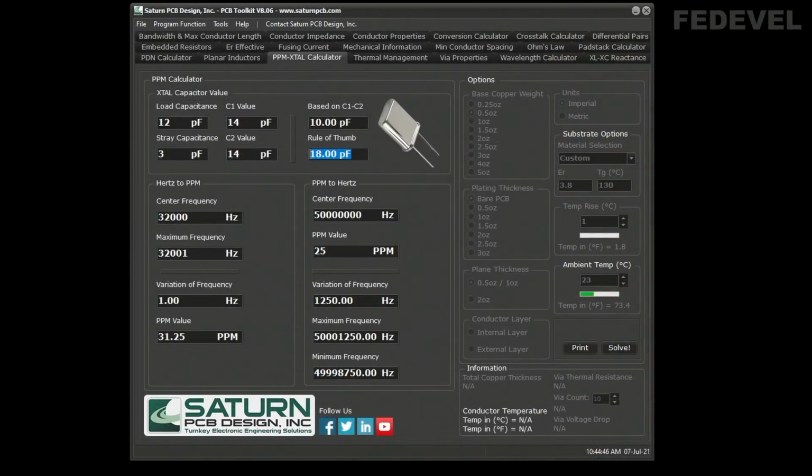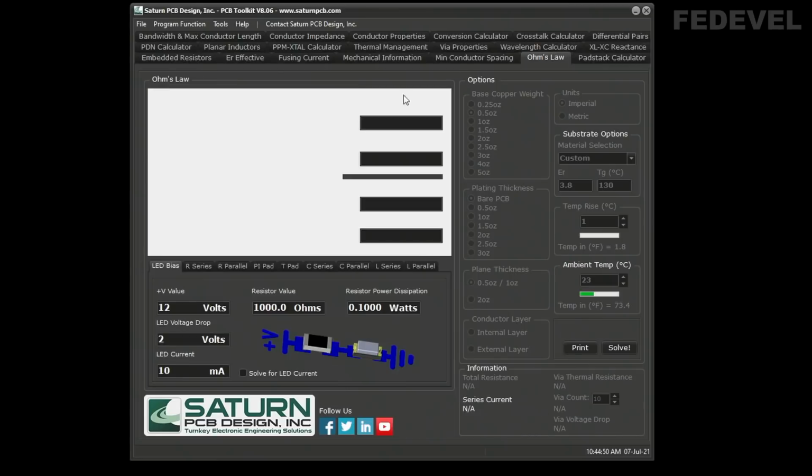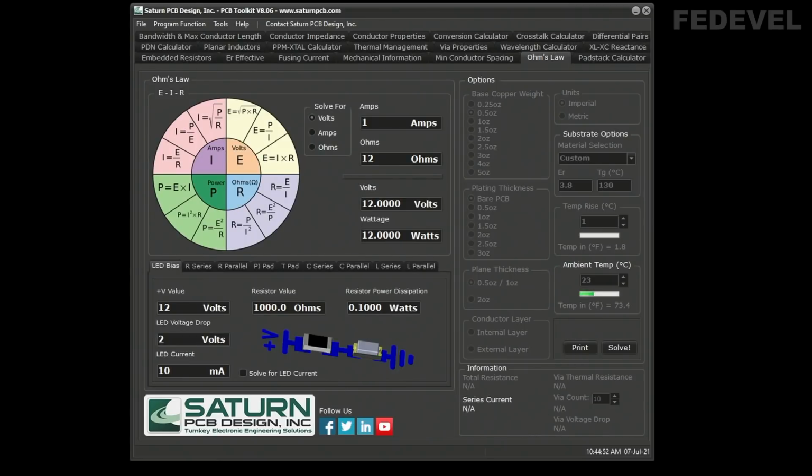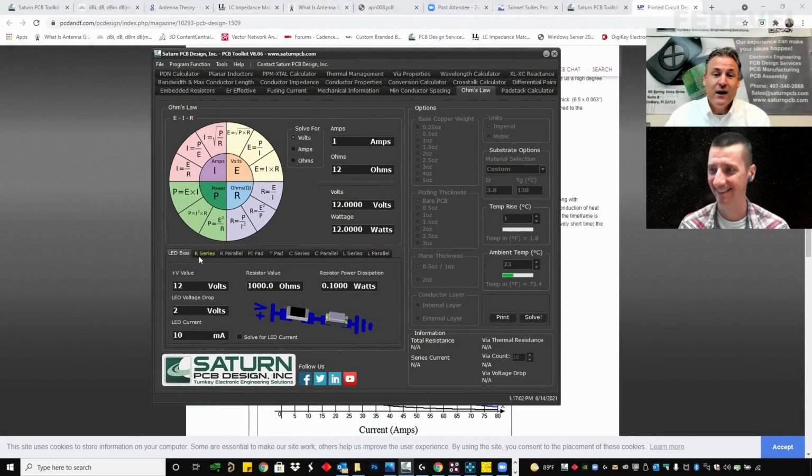And obviously I've got an Ohm's law calculator. I've seen this one, yeah. I use this LED bias calculator all the time because I put LEDs all over my boards, and this will tell you exactly how much current. Your typical LED, you want to run at 10 milliamps. They say 20 milliamps, but that's pretty bright for most.